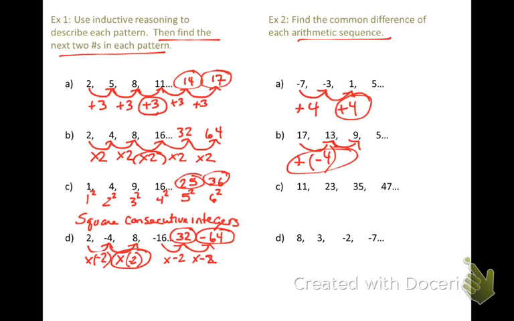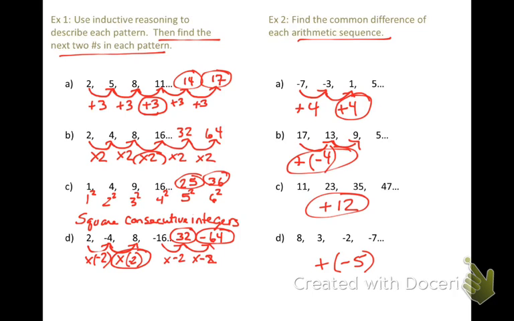Try C and D by yourself. Put me on pause, check it out, and see what you come up with. All right, so C I came up with, I added 12, and on D I added negative 5. Check and see where you might have gone wrong if you got them wrong.